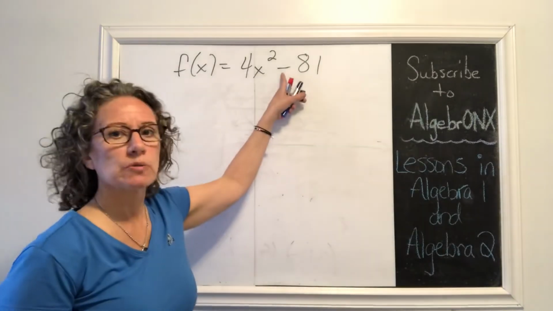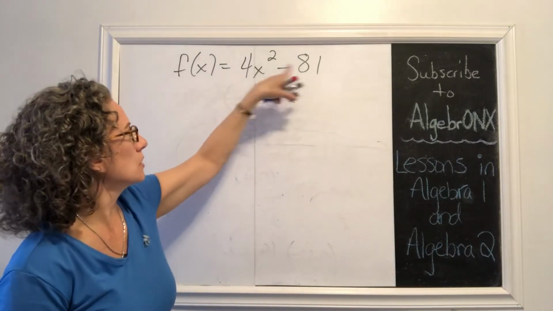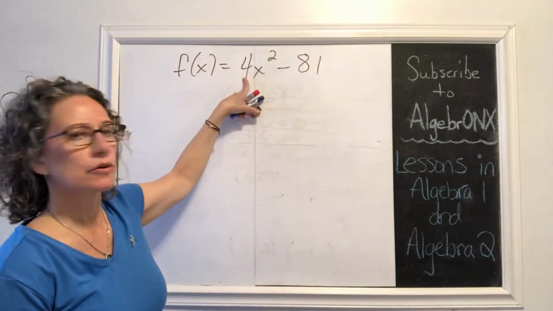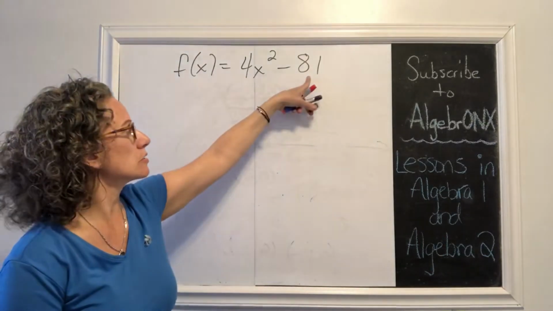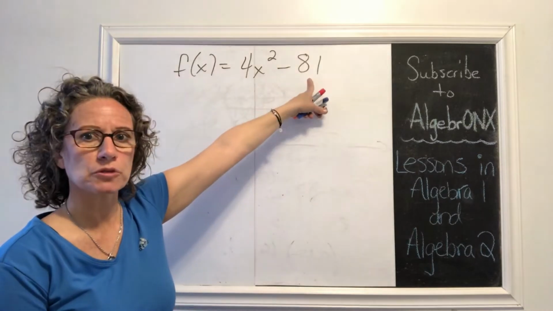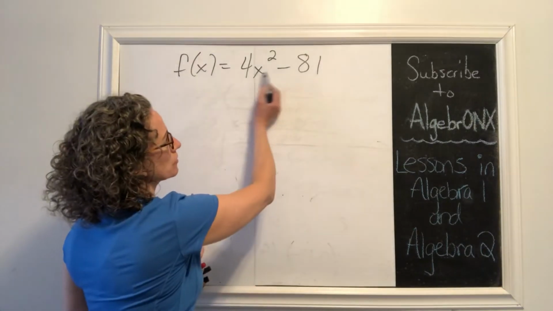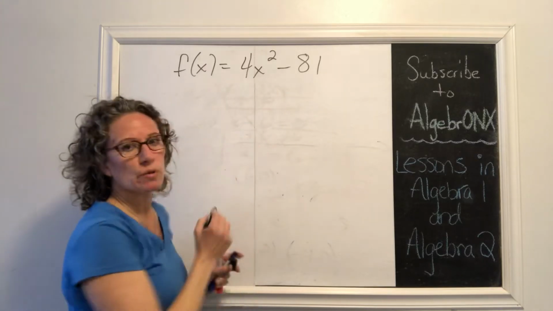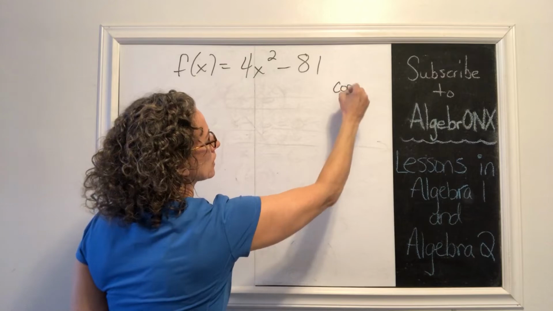There's a minus in between. You examine your first term, examine your second term. This is a perfect square term. Square root of 4 is 2, square root of x squared is x. This is a perfect square term. Square root of 81 is 9. So this is the difference between two perfect squares, which factors into conjugate pairs.